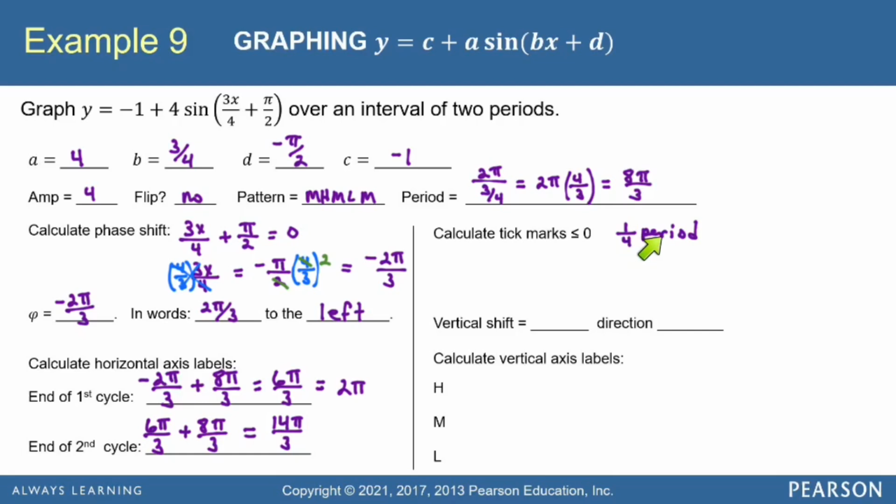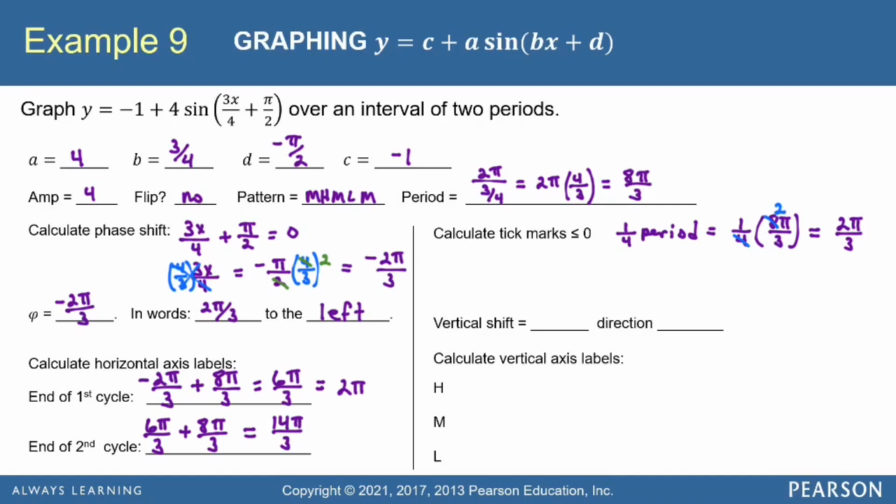So a quarter of the period is going to be 1/4 times 8 pi over 3. Now notice that 8 and 4 here can reduce because 4 goes into both of these numbers. So 8 divided by 4 is 2, and in the bottom 4 divided by 4 is 1, so that just disappears. And we're left with a quarter of the period is equal to 2 pi over 3.